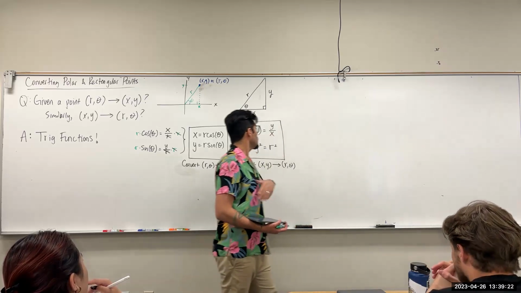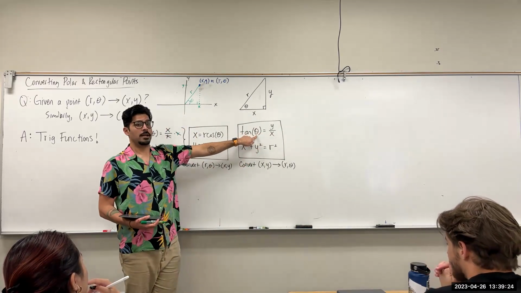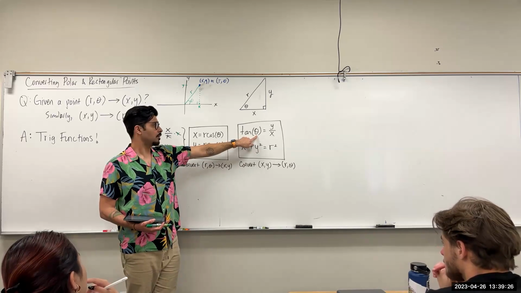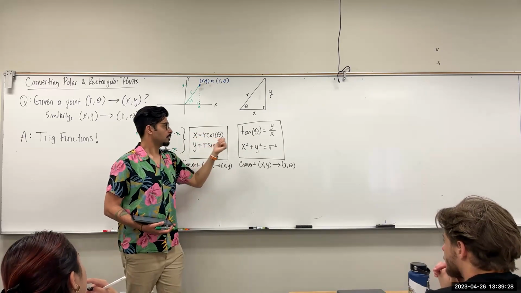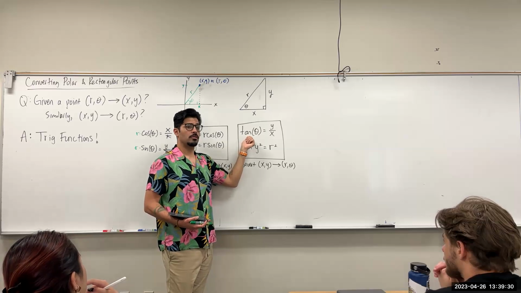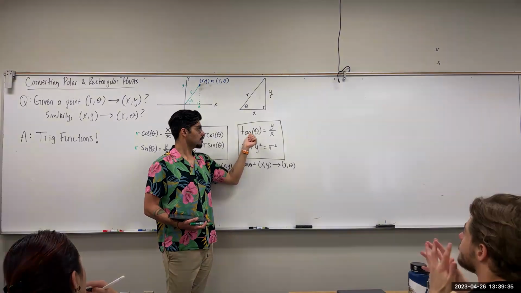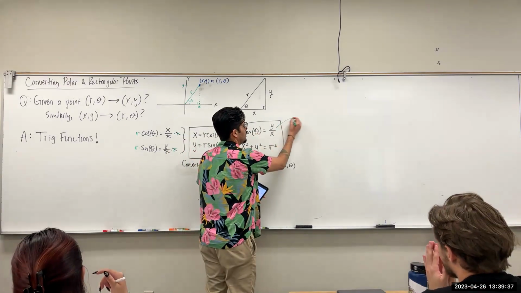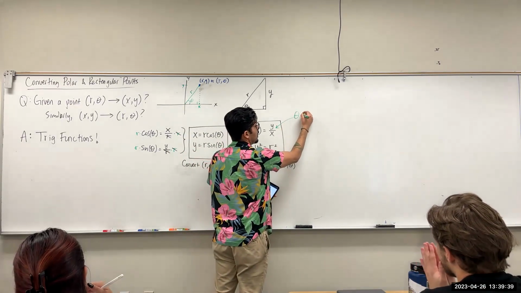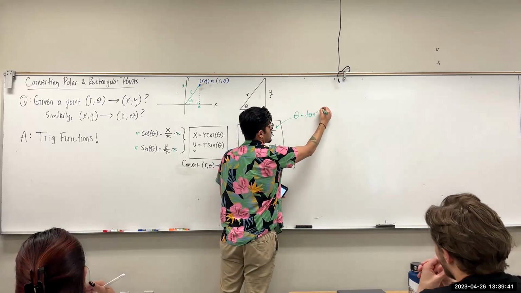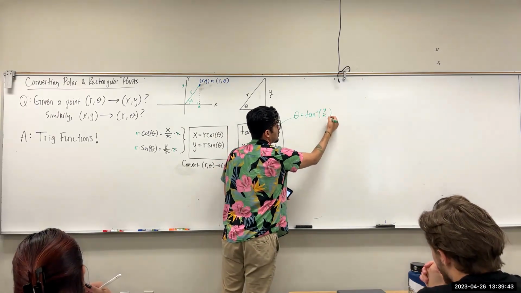But you don't need multiple thetas, you just need one theta. As long as you have one theta, it'll help you out. So in this case, you could use inverse tangent. Apply inverse tangent to both sides, and then you'll get that theta is tan inverse of y over x.